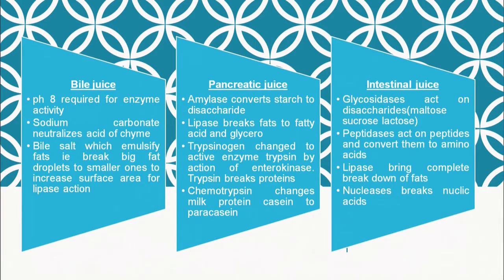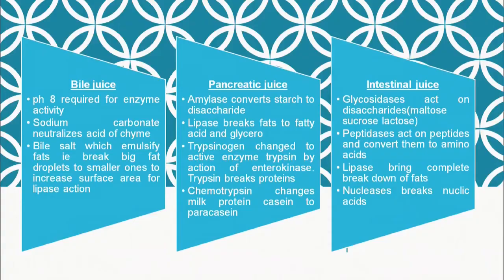Then intestinal juice contains glycosidases which act on disaccharides: maltose, sucrose and lactose. Maltose is made up of 2 glucose molecules, sucrose is made up of glucose and fructose, and lactose is made up of glucose and galactose monosaccharides.